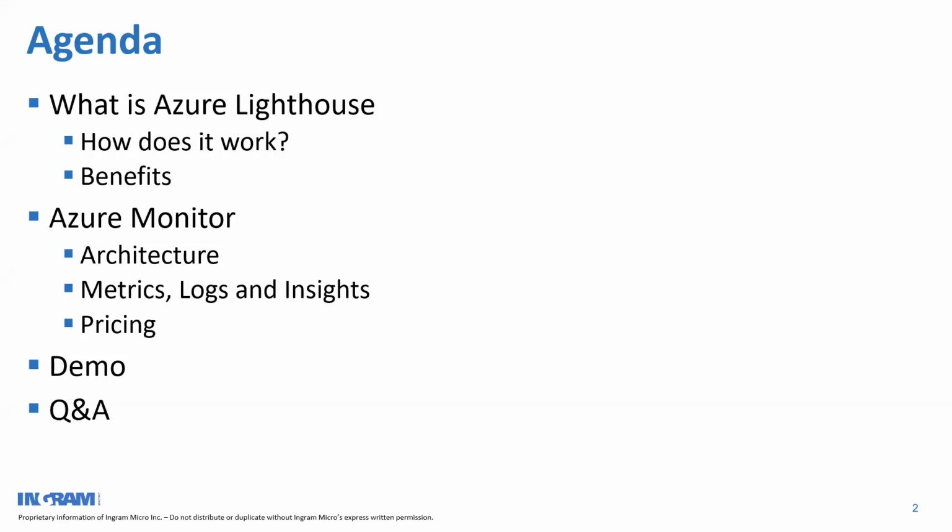We'll look at a high level architecture of how Azure Monitor works, what are the inputs and what are the outputs that you get with Azure Monitor, what are some of the key components of Azure Monitor, like what are metrics, what are logs, and what is insights. These are the three main important components or terminologies that we have to understand to be able to create and generate proper reports and also be able to monitor our resources, whether it is on-prem or Azure.